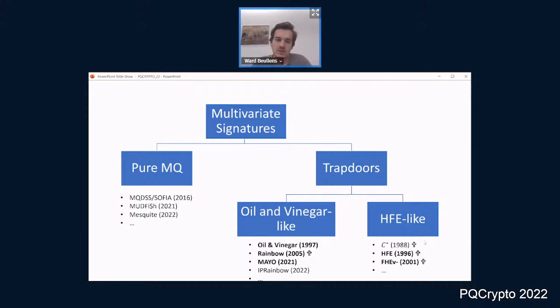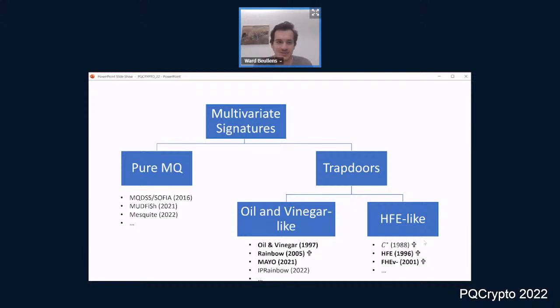This is why they are called big field schemes. But here the structure is much stronger and more difficult to hide, and this is why most of these schemes, if not all of them, are broken. There are still some schemes, I think, but they're very slow. This branch seems to be a little bit less successful, in my opinion.